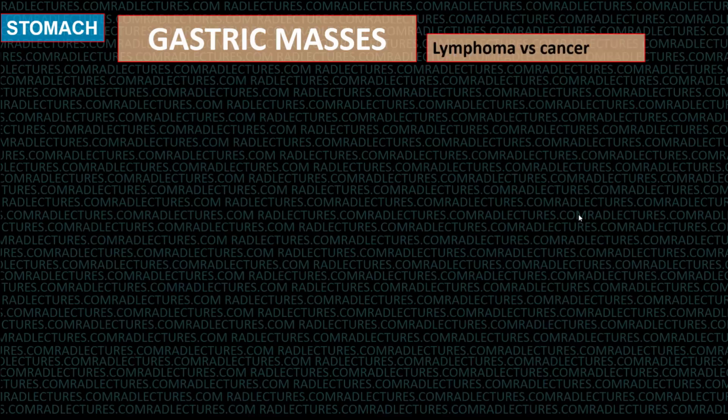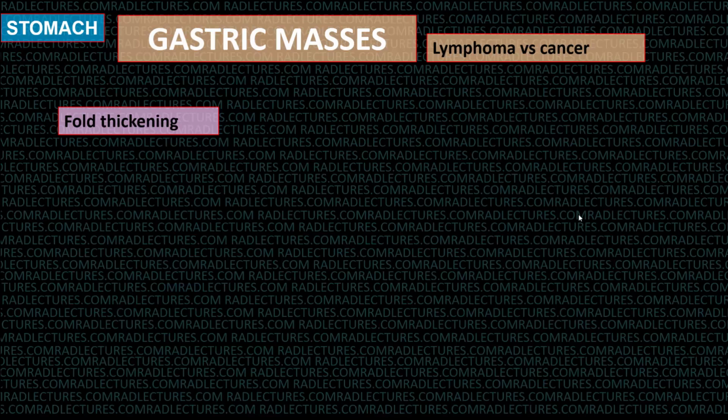Now, when there is a mass in the stomach, the question arises, is it lymphoma or is it cancer? 95% of masses in the stomach are cancer, 5% are lymphoma, which is quite a high prevalence.